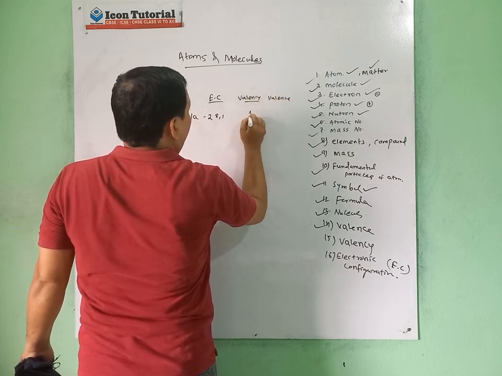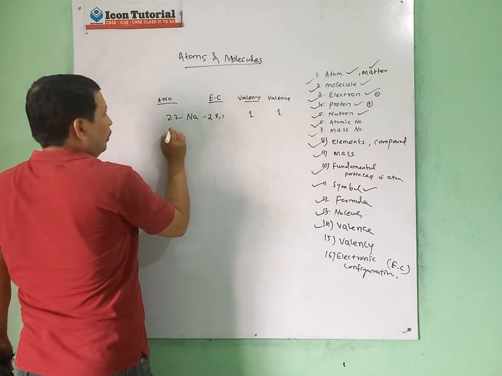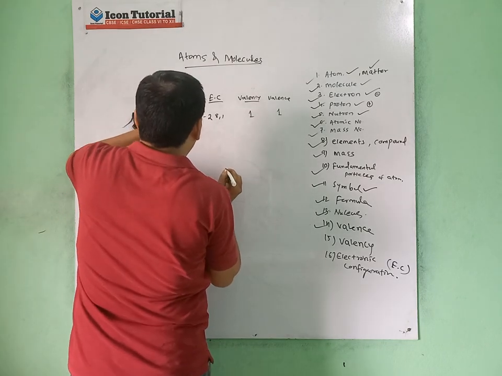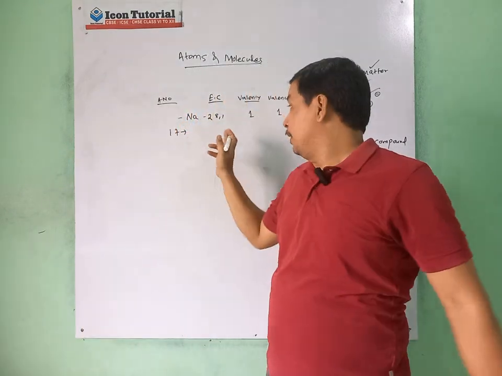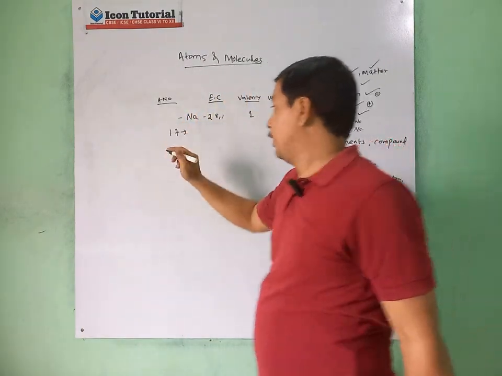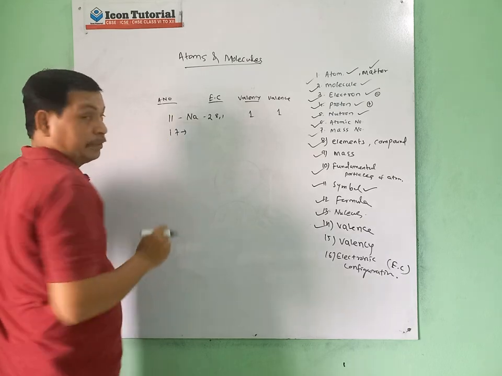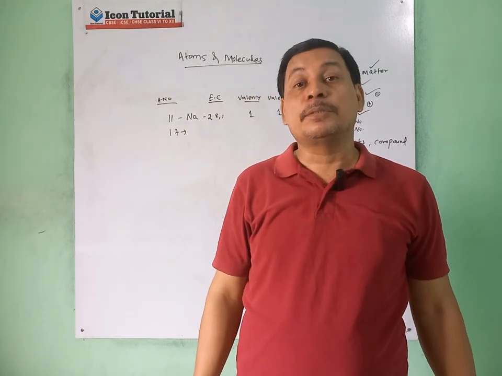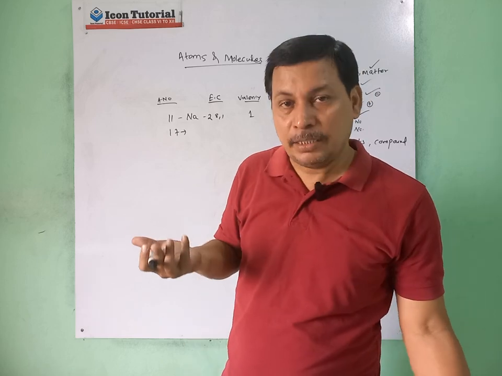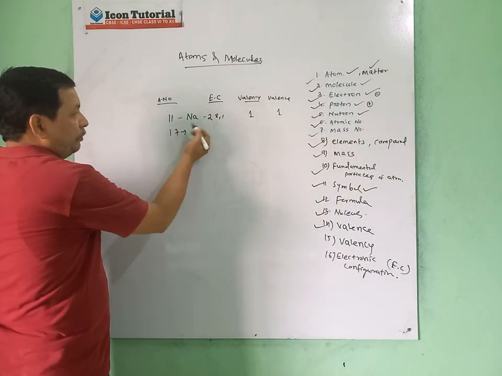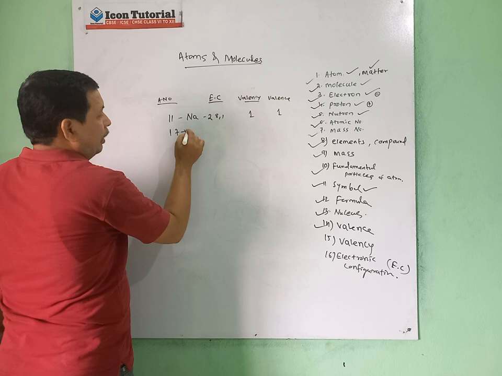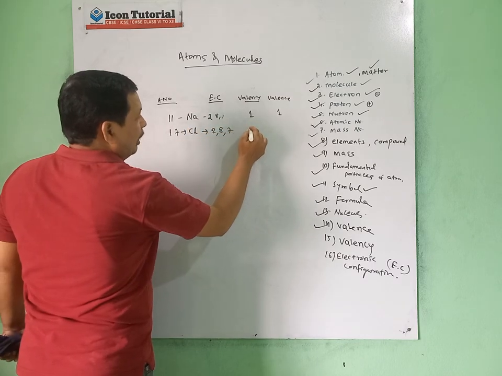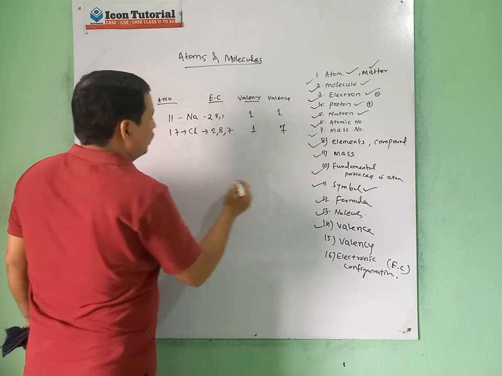Sorry, this one is wrong by mistake. Next, 17, that is chlorine, that is 2 8 7. So valency 1 for sodium, and this is 7, this is very important discussion.